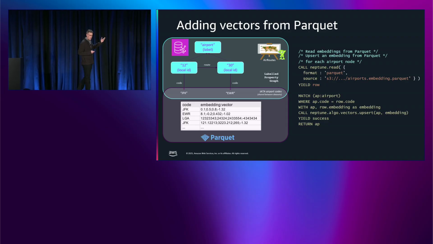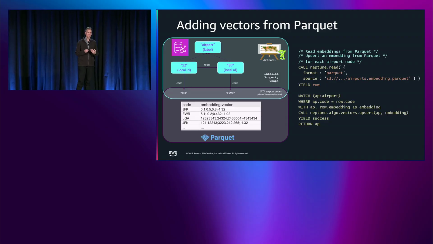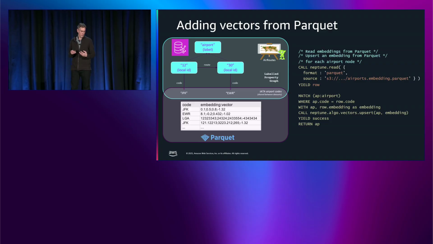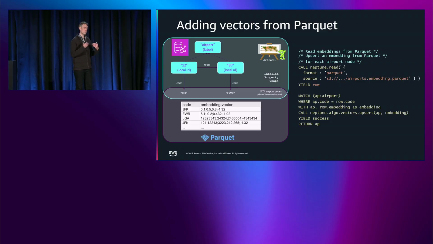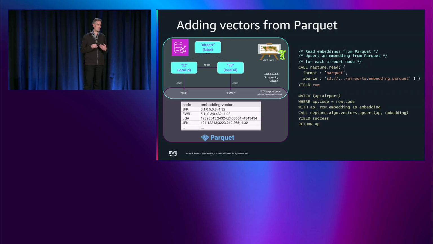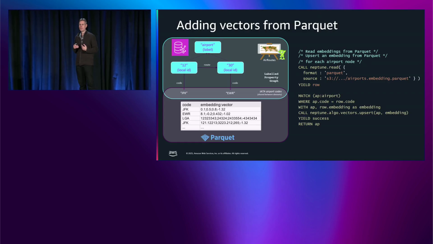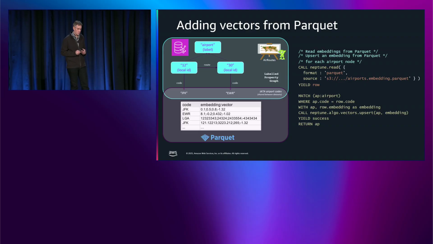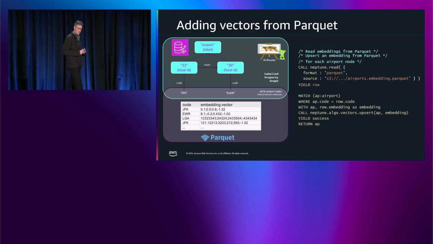We're calling it to read the Parquet file. But rather than federate the results or use them in a query, we're actually then matching on the airport codes and storing that embedding as a property in the graph. And then we can go on and do other kinds of vector search type operations.